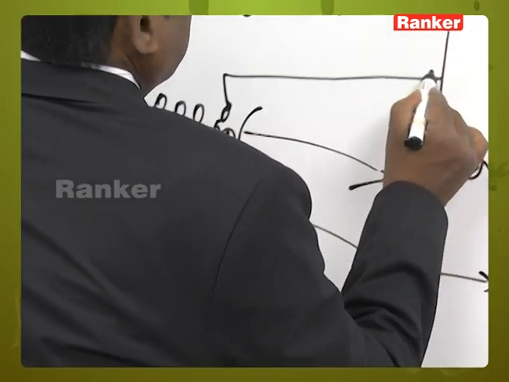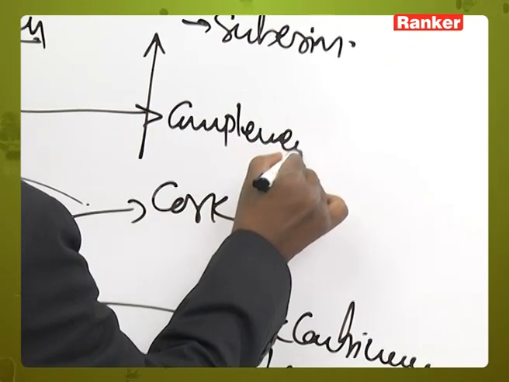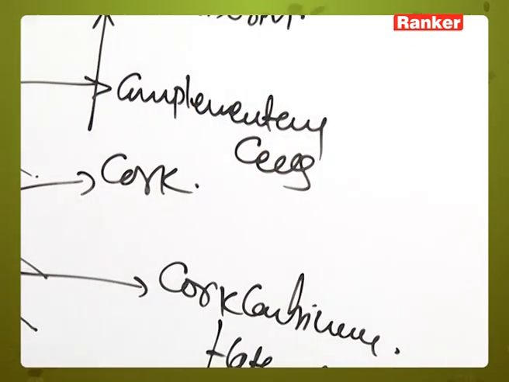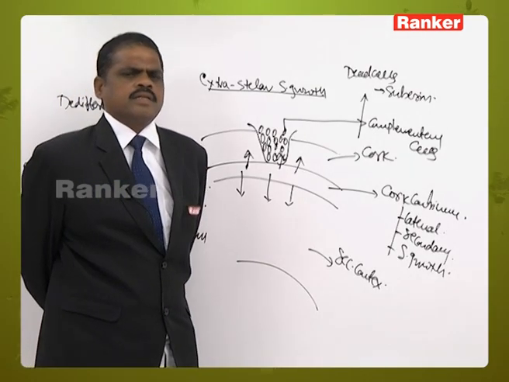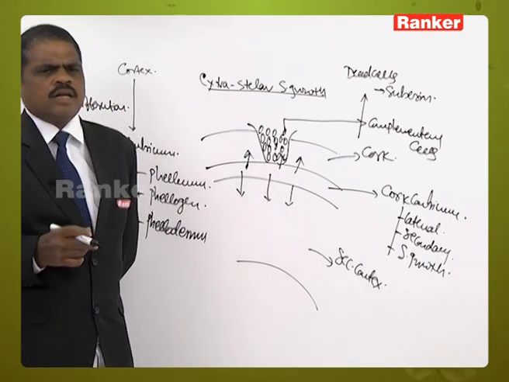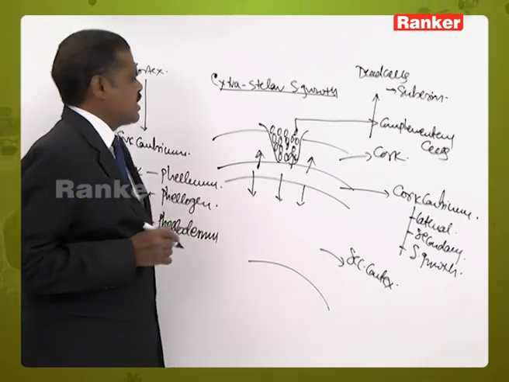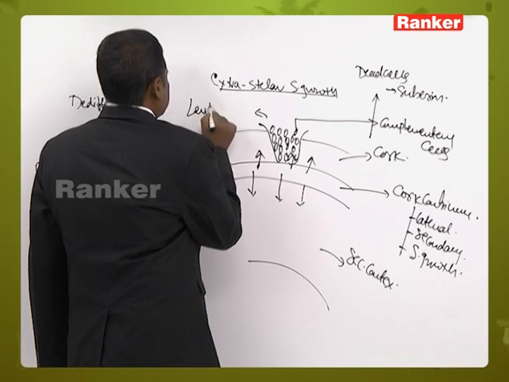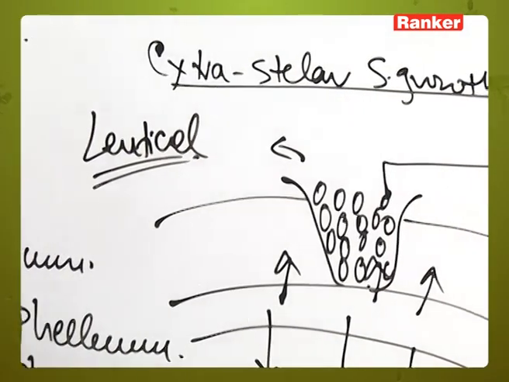These living parenchyma cells are called complementary cells. The region where complementary cells are present is called lenticel.